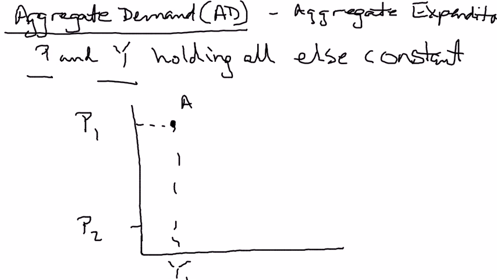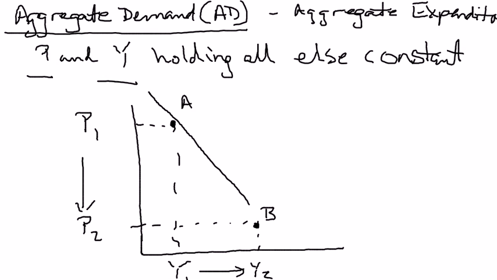And as it turns out, there's three reasons to think that real GDP is actually going to increase, or total spending is actually going to go up. And that will move to a point like B, where real GDP is at Y2. So we think a fall in the average price level will lead to an increase in aggregate demand, which means if I connect two dots, call two points a line, this is what the aggregate demand curve looks like.